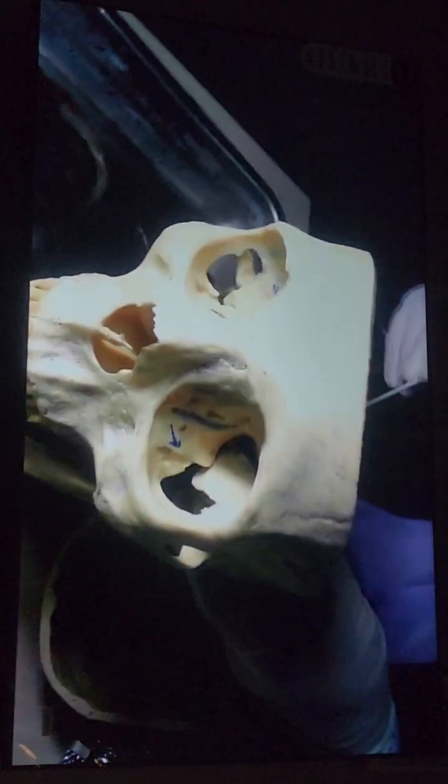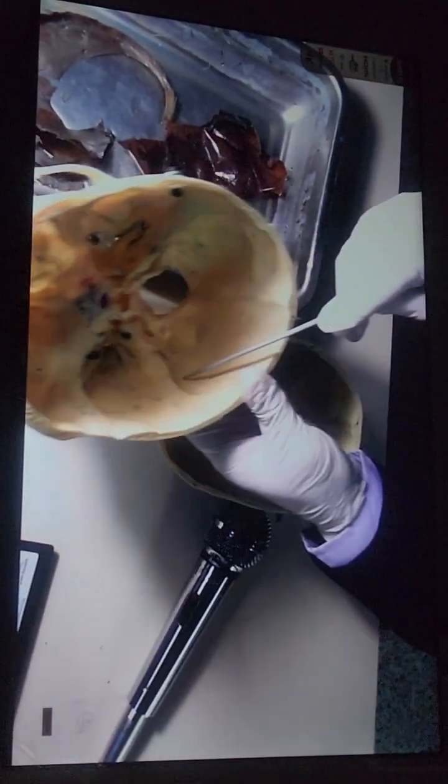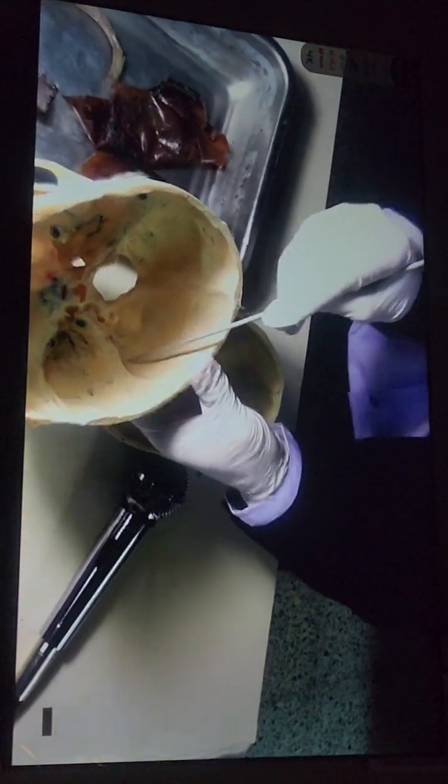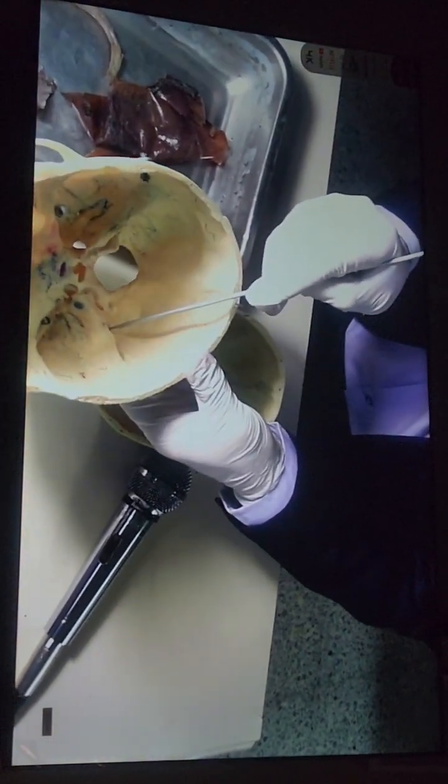On reaching the petrous portion of the temporal bone, it is continuous here as an S-shaped structure called the sigmoid sinus. Sigmoid sinus.